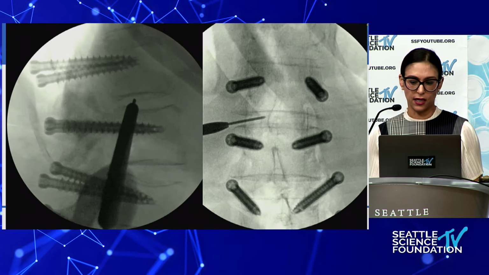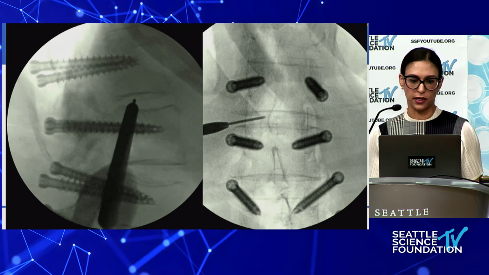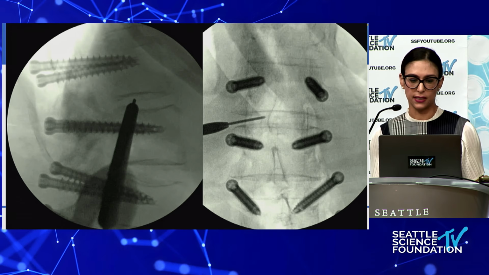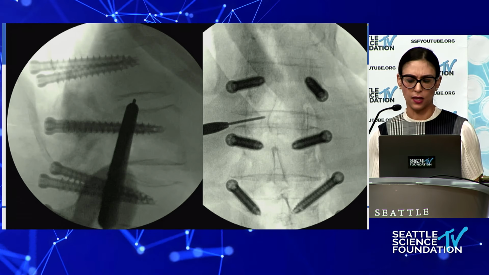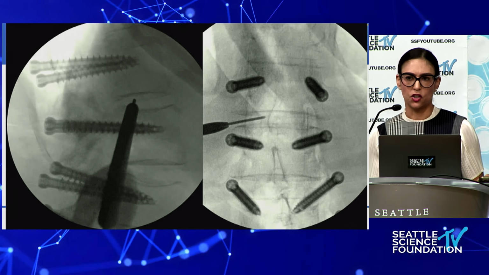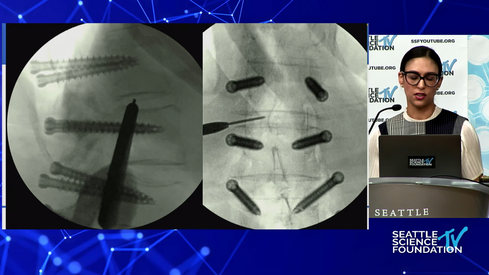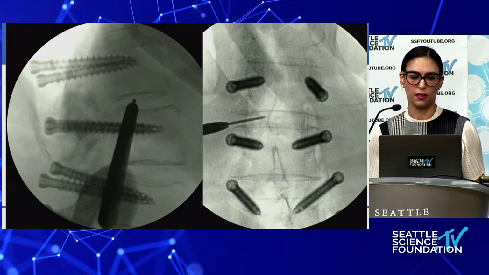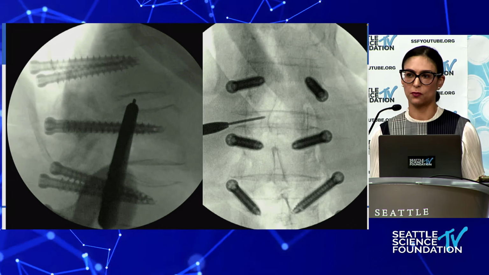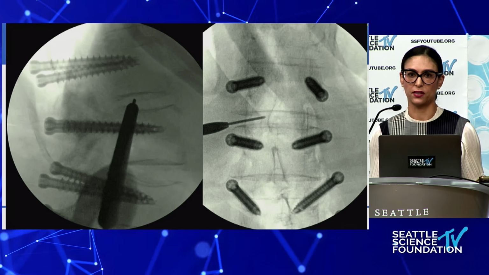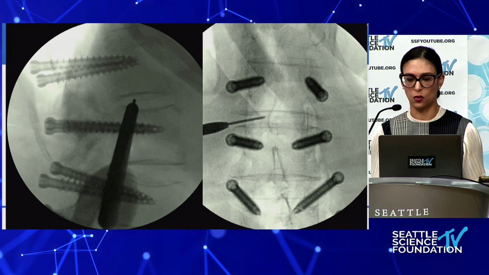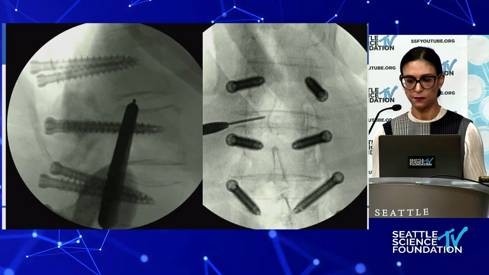So at these higher levels, you're really not as worried about the lumbar plexus as you are down at the lower ones. So in this case, my upper level, like I said, was L1. You can see here that I've put the retractor a little posterior, and this would be a little too posterior if I was at L4-5, but here at L1-2, it's generally fine.